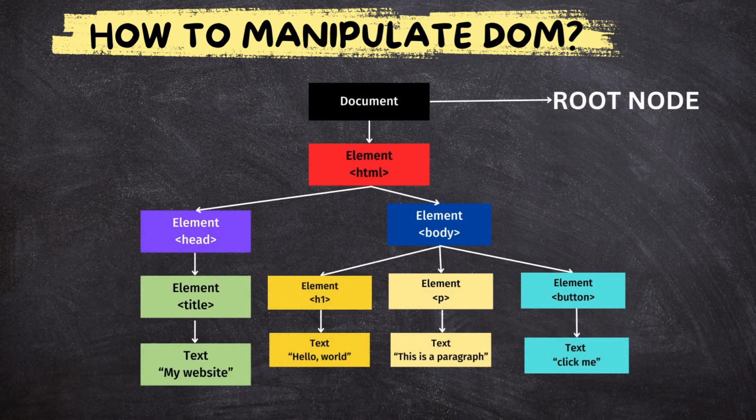Now, to access the HTML DOM using JavaScript, we can use various methods and properties that are provided by the document object. The document object is the root node of the HTML DOM tree. It represents the entire HTML document. Now, these are some properties and methods of the document object.